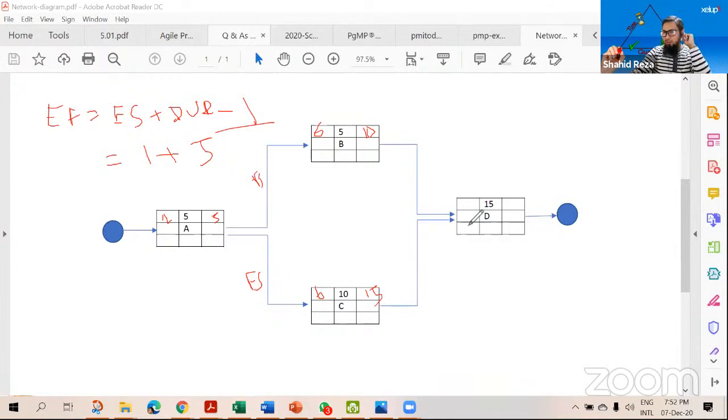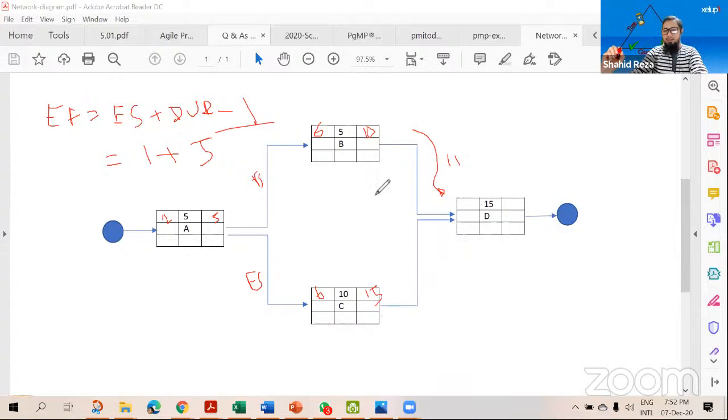Now we need to calculate the early start of this task. If we come through this way, that means on the 11th day we can start this task. But this relationship means that these two tasks need to finish before starting this task.